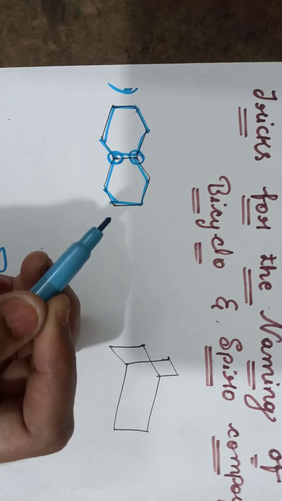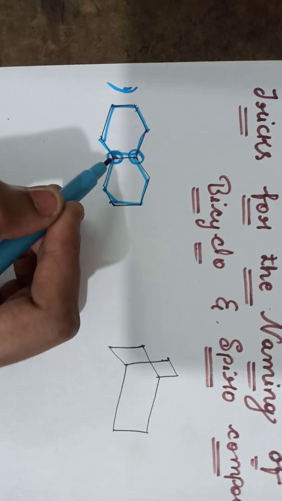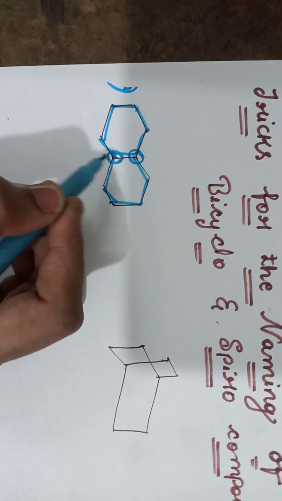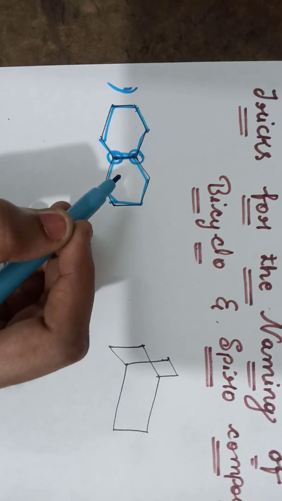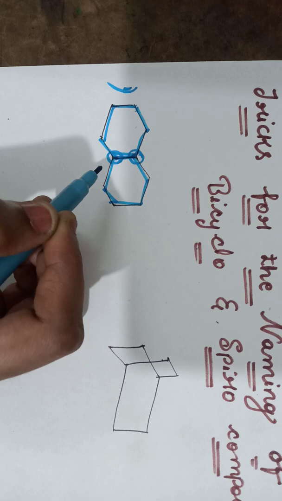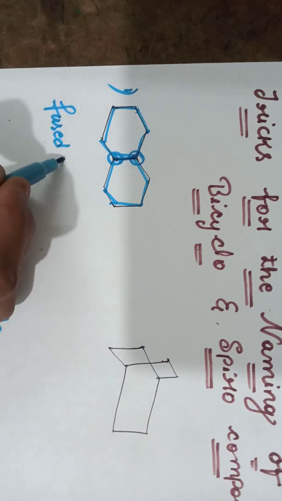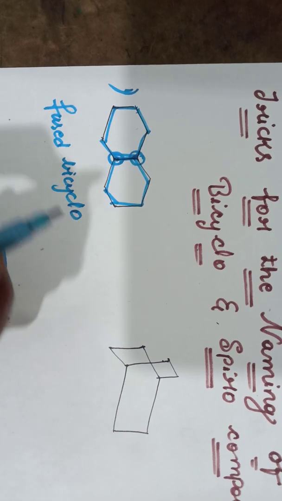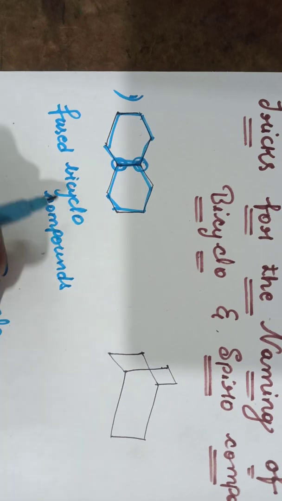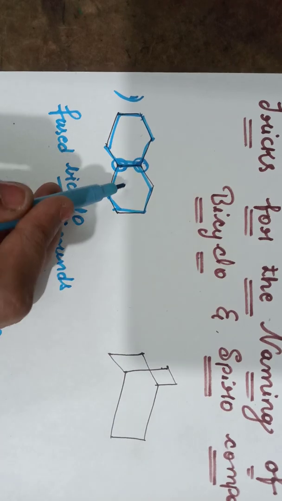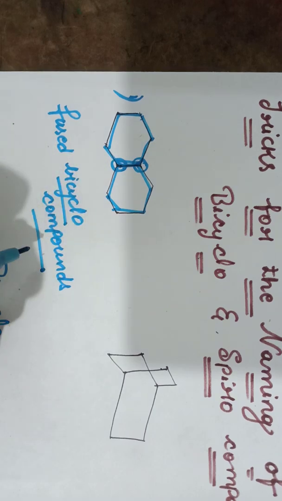That means it satisfies the condition of bicyclo compounds: 2 rings with 2 common atoms, fused at these 2 carbon atoms. As the 2 rings are adjacent to each other in fusing position, this type is known as fused bicyclo compounds.